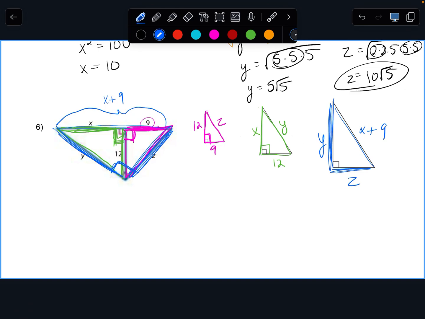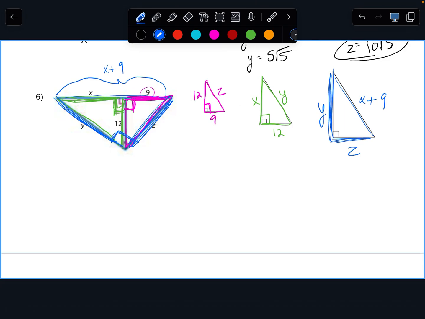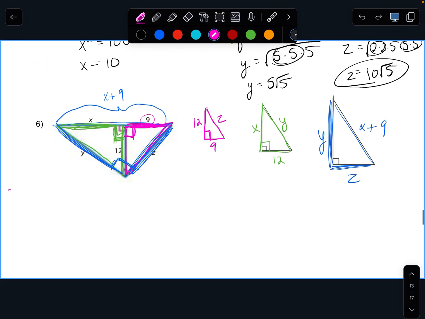Maybe. Oh, I can. The short, medium. You see it? You could do the legs. So small, medium.